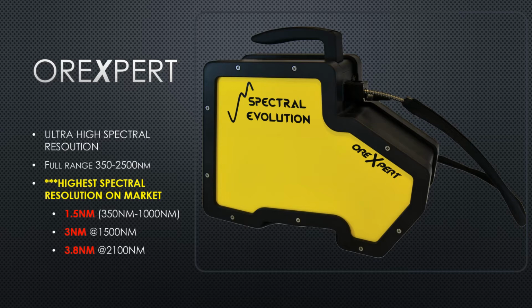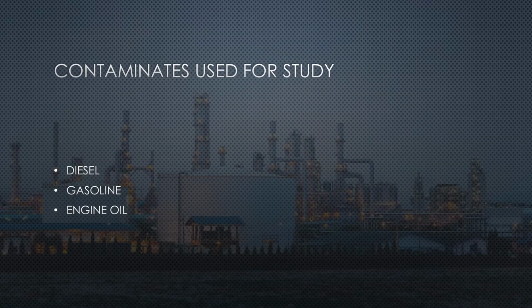This portable spectrometer is actually the highest spectral resolution on the market, with a 1.5 nanometer resolution in the ultraviolet, 3 nanometer in the visible, and 3.8 nanometers in the near infrared. This resolution gives you about double the resolution you'd get with a standard resolution instrument, meaning better quality data for you. So again, the contaminants that were used in this study are diesel, gasoline, and engine oil.